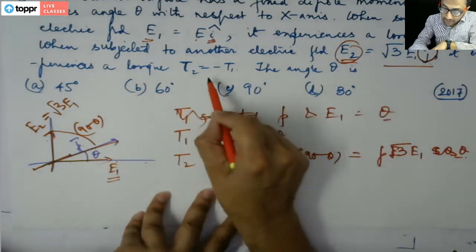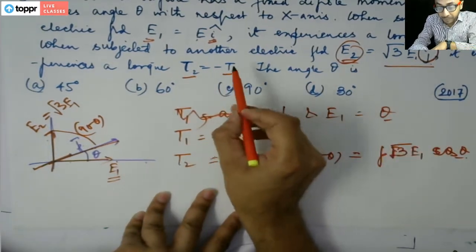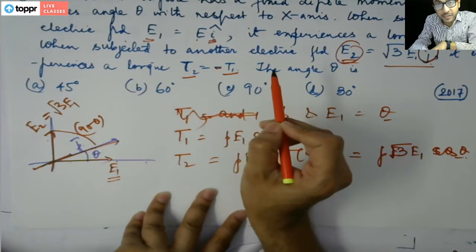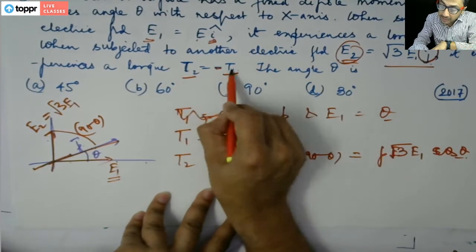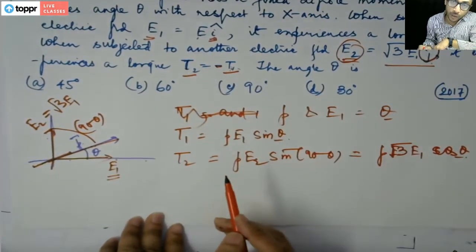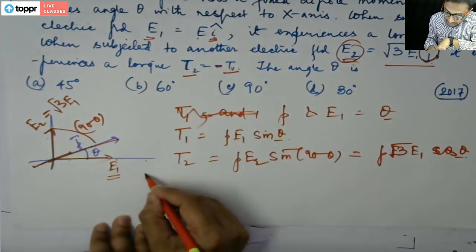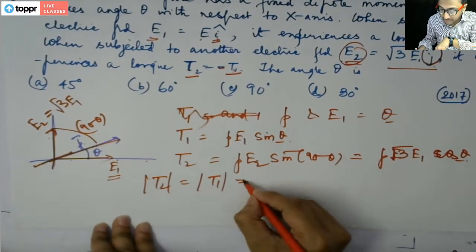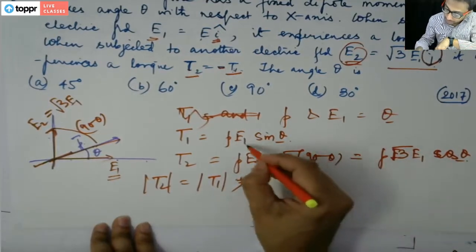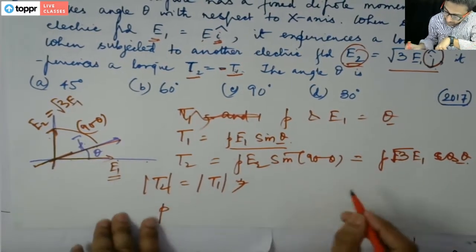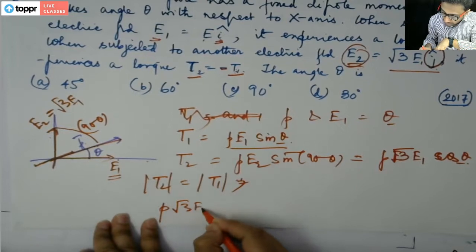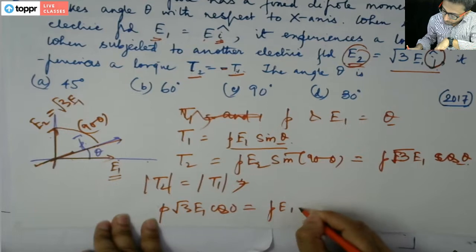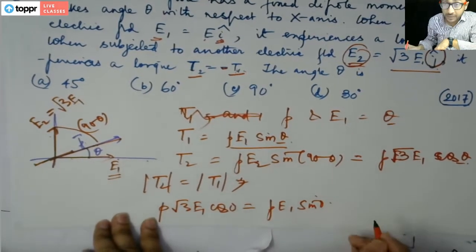Now they have given T2 equal to minus T1. We can ignore this minus for the time being. We can say the magnitudes of these two torques are equal. So T2 equal to T1. So we can write P root 3 E1 cos theta equals P E1 sine theta.